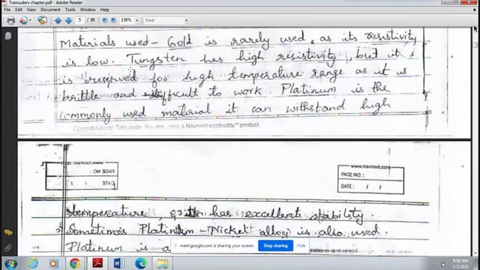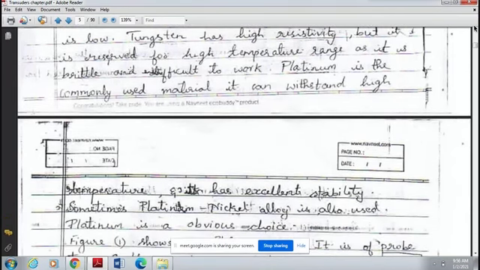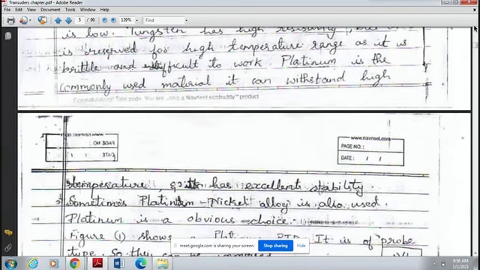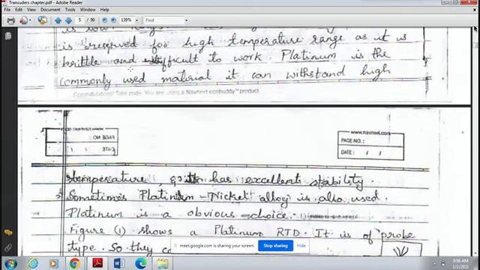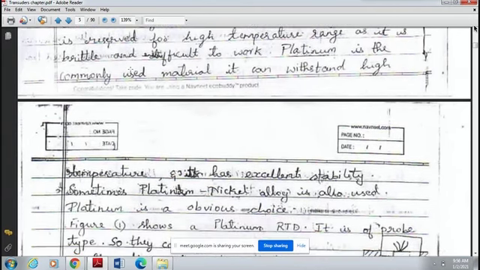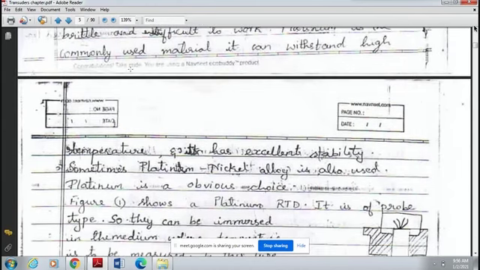Sometimes a platinum nickel alloy combination is also used. Platinum is the best choice out of all these materials.